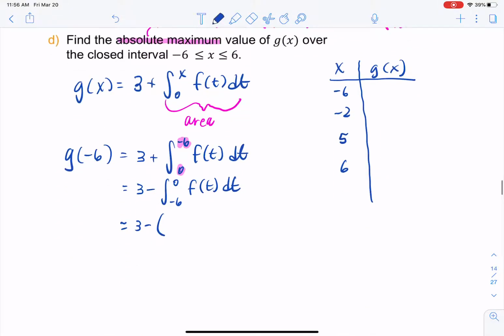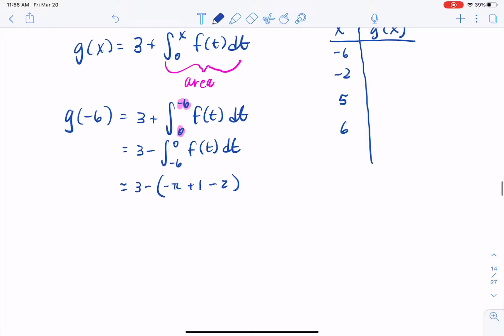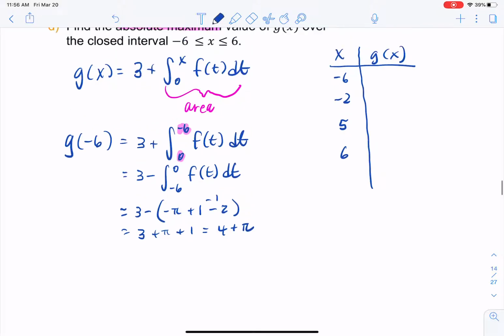So inside the parentheses here, -pi, +1, -2, I think it was. All right, and then distribute, combine some like terms. So this is a -1 inside here. 3 minus a negative, so +pi, and then +1 gives us 4 plus pi.